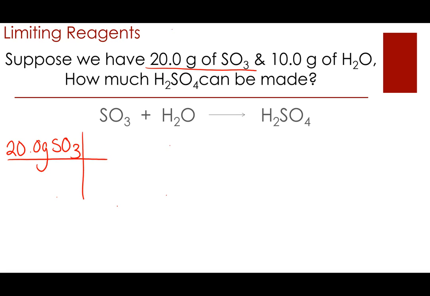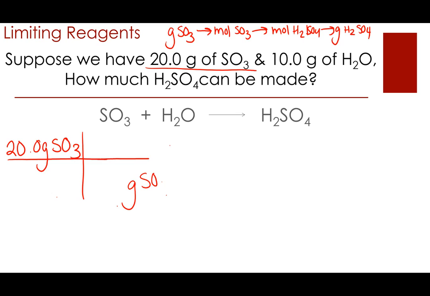And remember, our map is going to be from grams of sulfur trioxide to moles of sulfur trioxide, moles of our product, grams of our product. Okay. So we start with grams of SO3. First step is going to be just a grams to moles conversion.